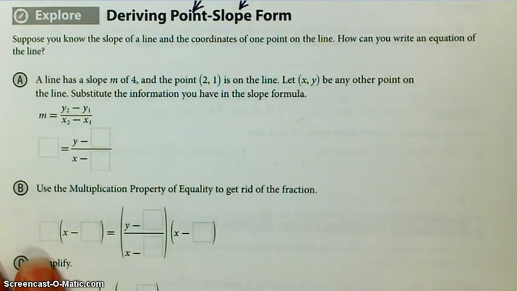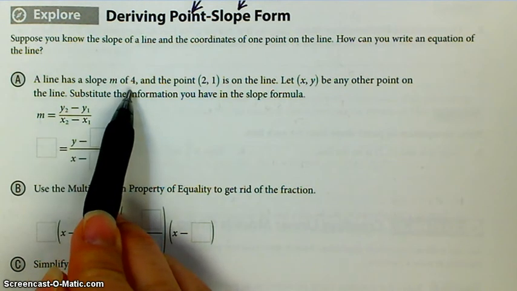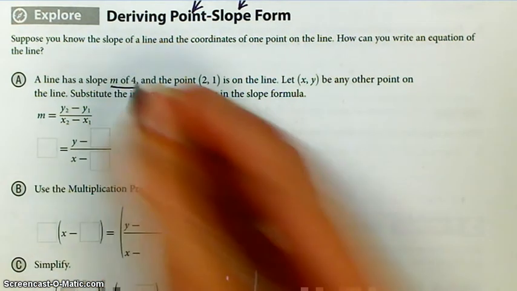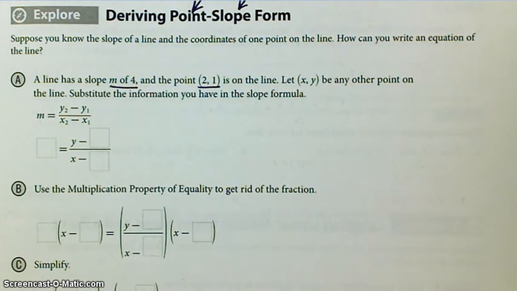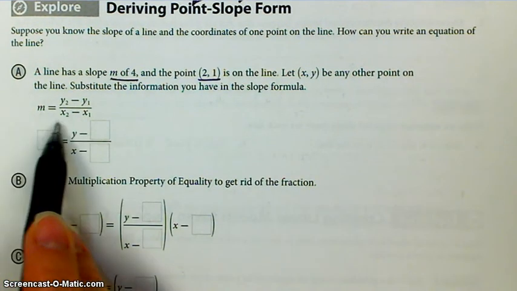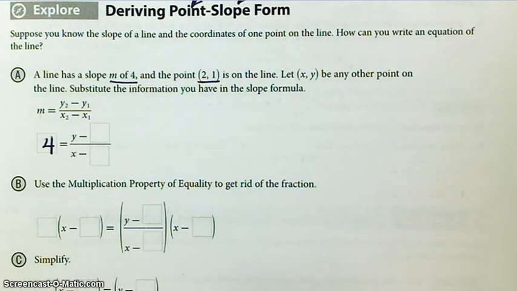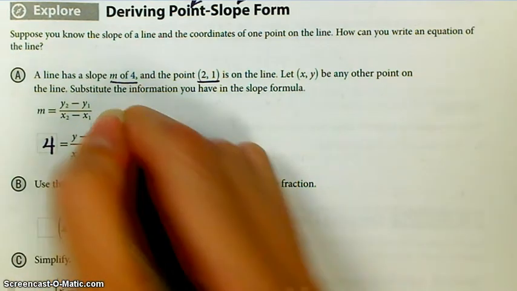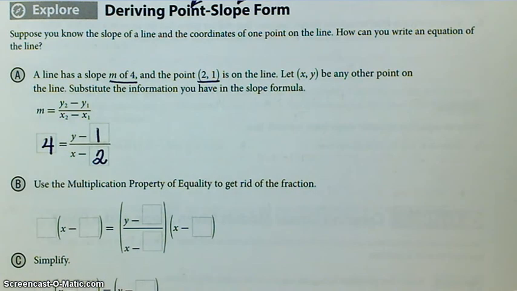Well, if you're given the slope down here of 4 and you're given this 1 point, then you can begin with the slope formula and put in that point, the ordered pair, and then you can do a little bit of rearranging.